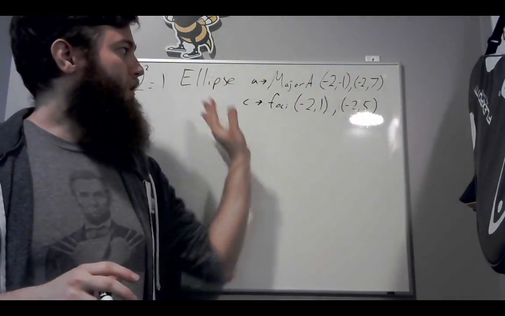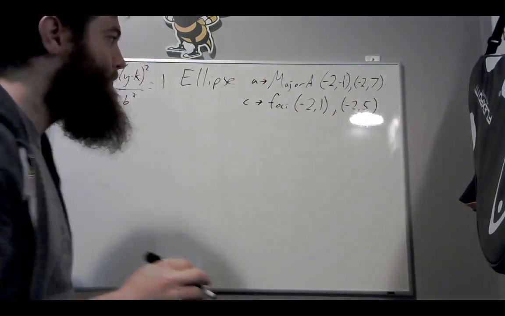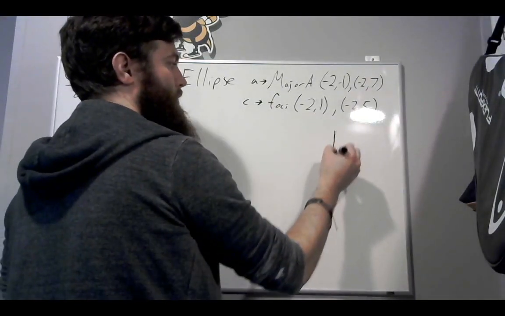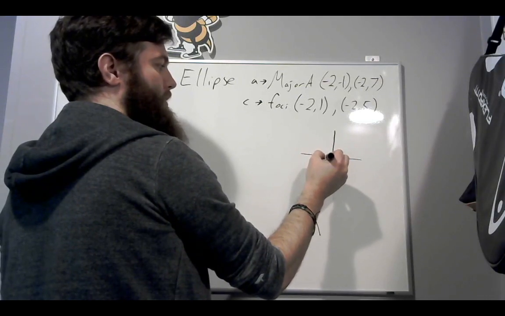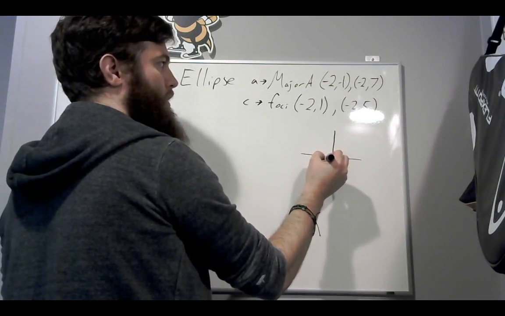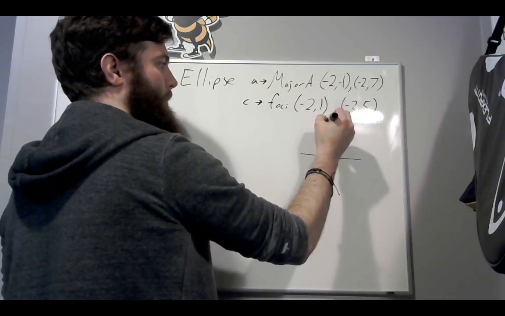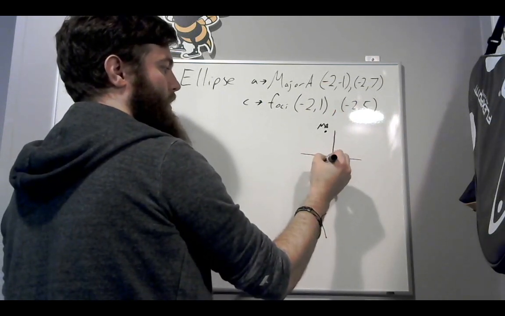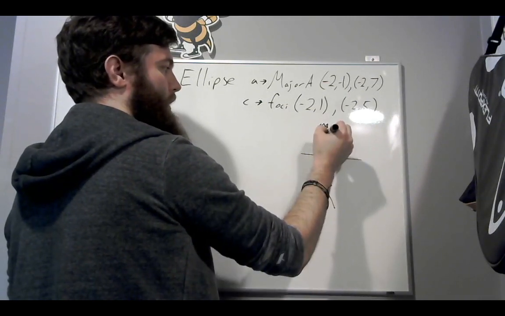So first, let's do a quick sketch to see which way this ellipse may be. So -2, -1 would be somewhere about here. -2, 7, somewhere around here. So here are my major axis endpoints. My foci are -2, 1, and over here.